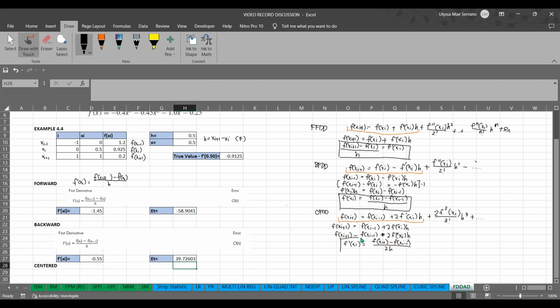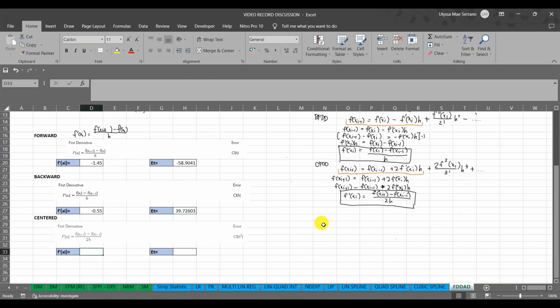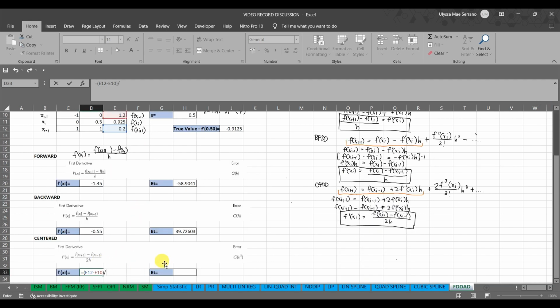So this will be the equation that we will be using to find the estimated value of the first derivative of the function using centered finite divided difference. So we will now be able to find the first derivative of the function. So it will be the function of x sub i plus 1 minus the function of x sub i minus 1 all over 2 multiplied by h.